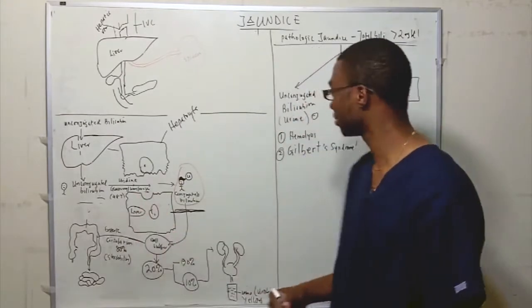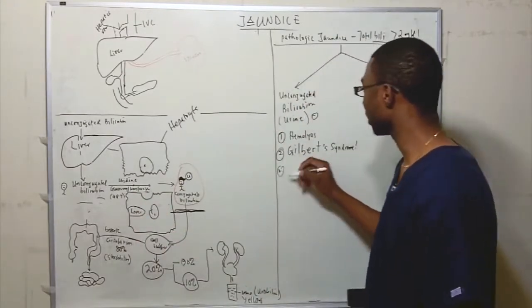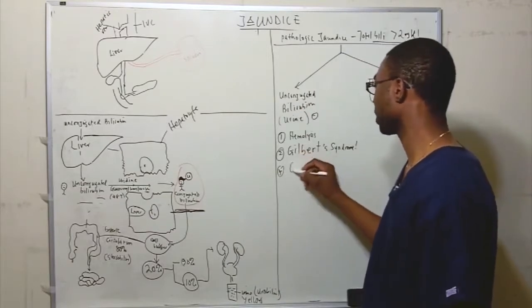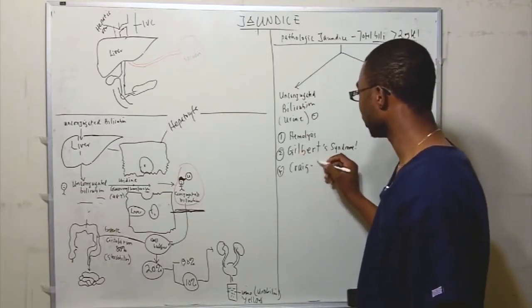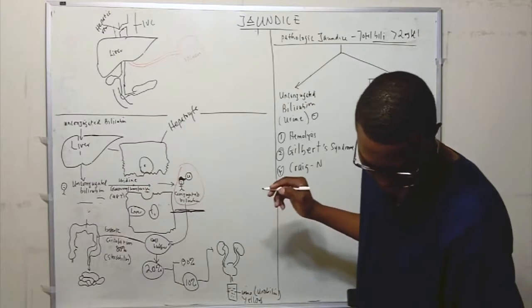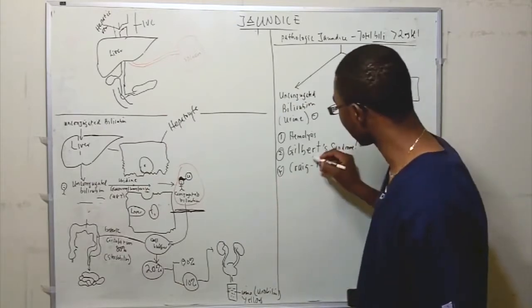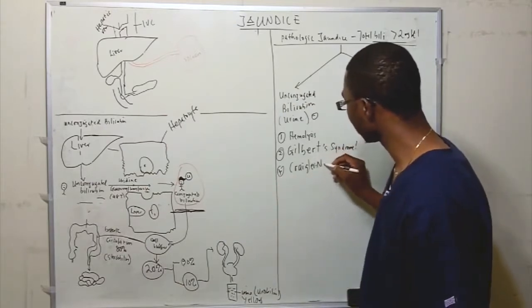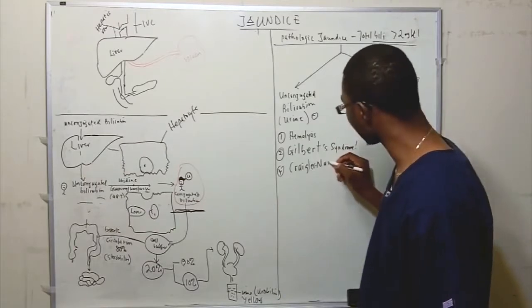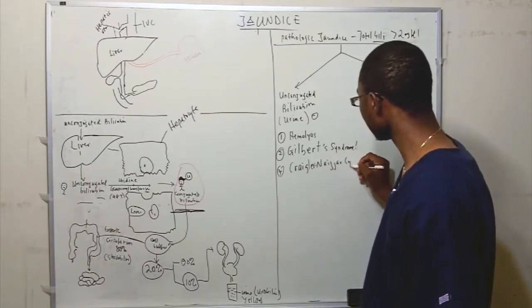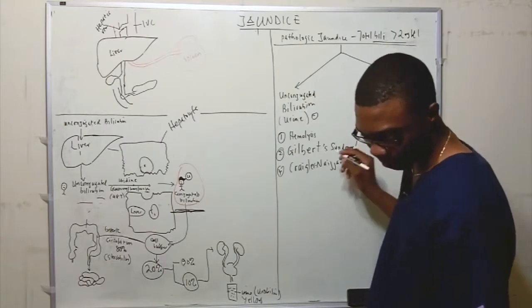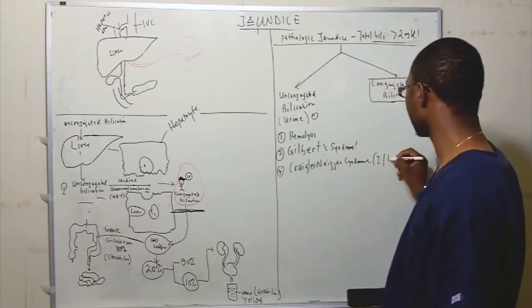That's one problem. The next one is called Crigler-Najjar syndrome. Crigler-Najjar, that's how you say it. There's a type 1 and a type 2.